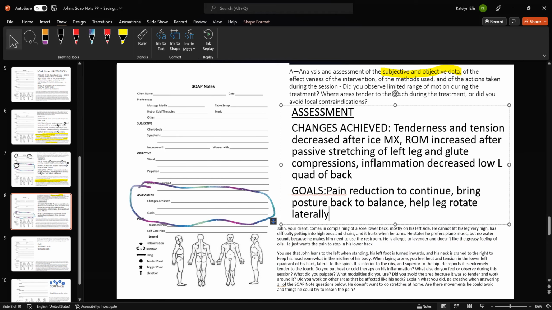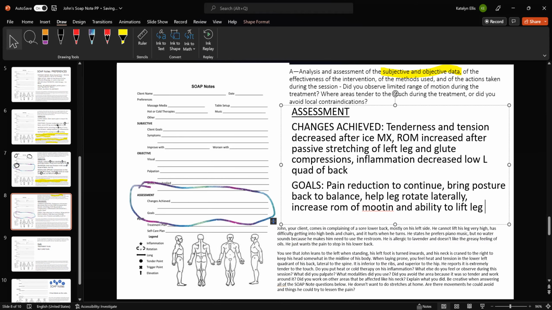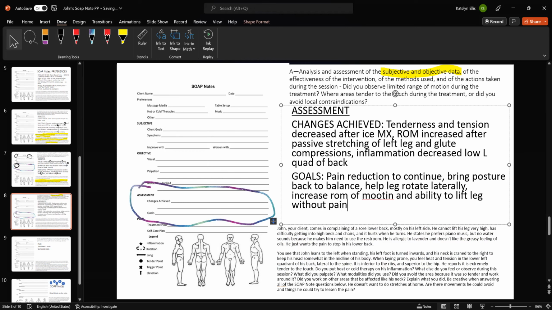So we're going to be working on loosening those muscles that are rotating his leg so that his foot is pointing towards the midline there. It's turning medially. We don't want it to do that anymore. We want it to go back to normal. Okay, so we want to help leg rotate laterally, and we want to increase range of motion and ability specifically to lift leg without pain. All right.